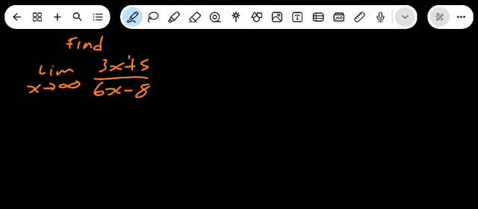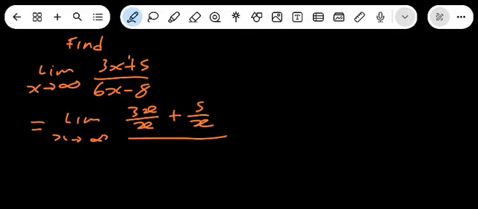So this will be equal to the limit as x approaches positive infinity. We'll divide: 3x divided by x plus 5 divided by x, all over 6x divided by x minus 8 divided by x.